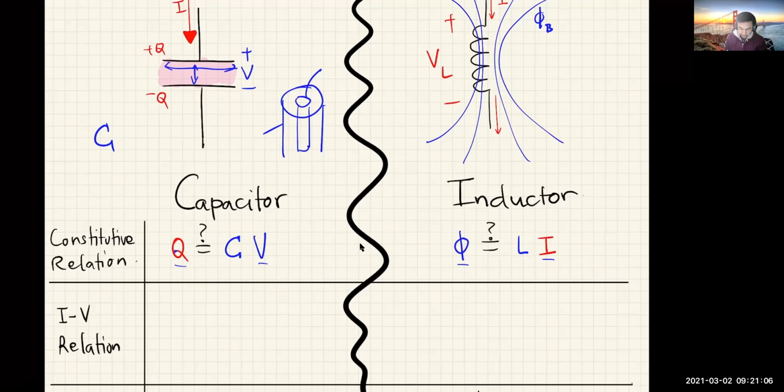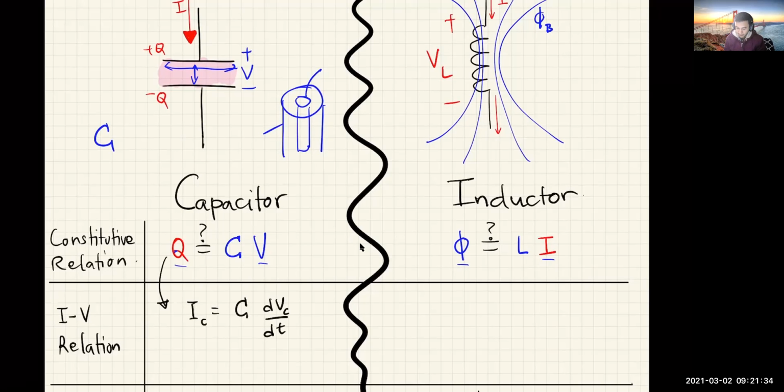What you can do is, starting from this constitutive relationship, take the first derivative with respect to time. Then what you get on the left-hand side here is the rate of change of charge, and that is basically current. So what you end up with is I going through the capacitor is C times d/dt of the capacitor voltage.